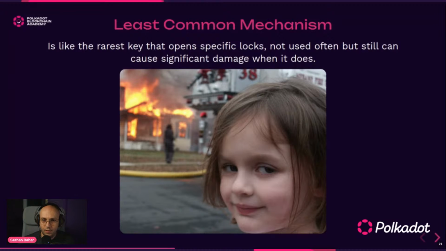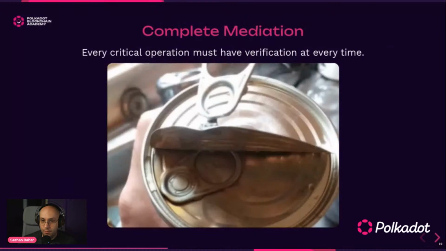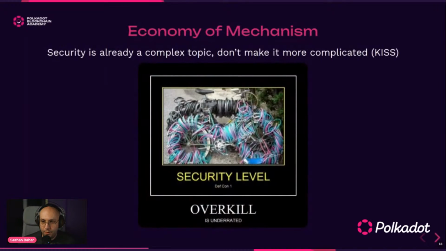So, common mechanism. It's like the rarest key that opens specific locks, but is not used often, but still can cause significant damage when it does. So there's a controversial thing in security. If you remember this concept, we think like, okay, we need to use many things we use already. For example, libraries in programming, right? You don't have to invent mathematics or special number theory for your code. You can use libraries.